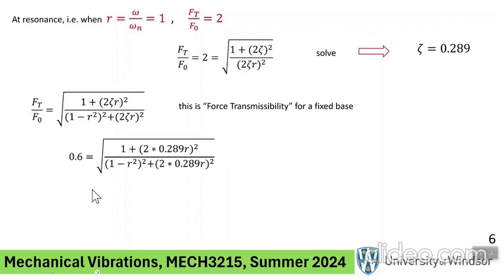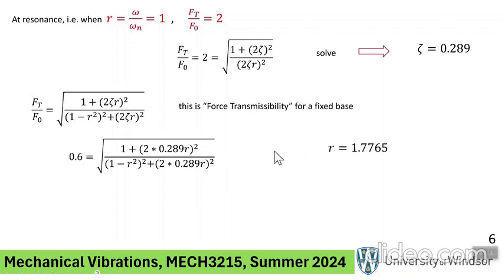Now, there's another piece of information we are given: when omega is 4 hertz, we want this thing to be 60%, or 0.6. In other words, we want the big Ft to be 0.6 of the amplitude of the applied harmonic load. So, do we know r? The answer is yes, because r is omega over omega n, and you were told what omega is.